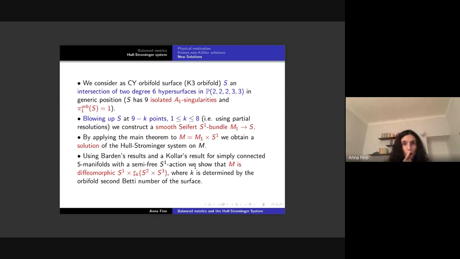And what is important here is that the 5-dimensional manifold that we get has a semi-free S1 action, okay? And then we can use the Barden result and the Kollár result to identify which M1 it is. And in fact, it is the connected sum of the product of S2 times S3, Sk of course, related to how the second Betti number changes when we blow up, okay, starting from 24.